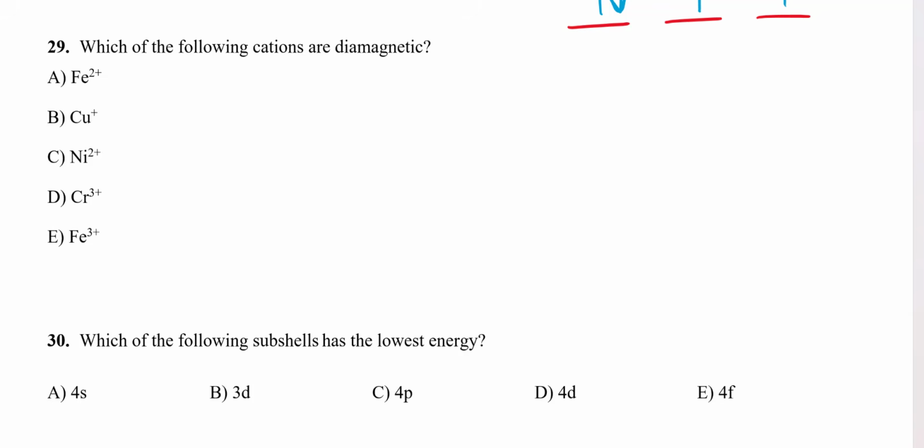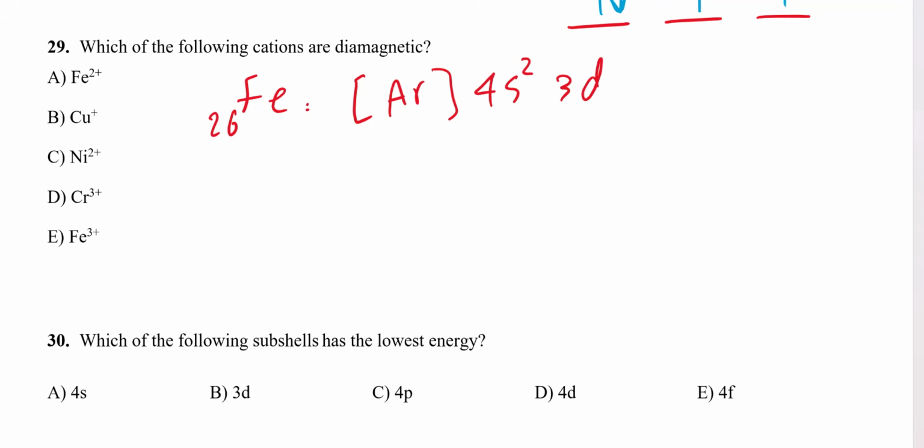We need to write the electron configuration for all of these ions. Iron is 26. Its electron configuration is argon 4s2 3d6. So when we have iron 2, we're just losing these two electrons.